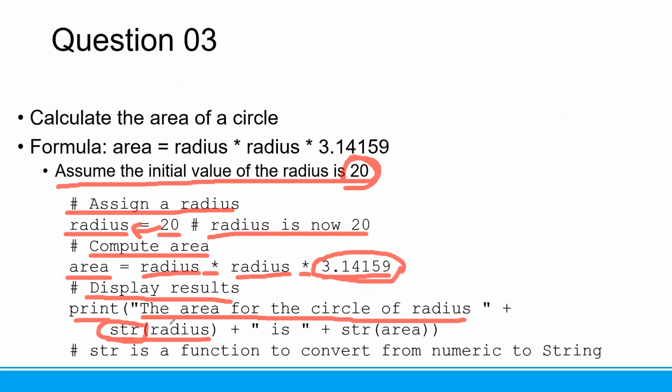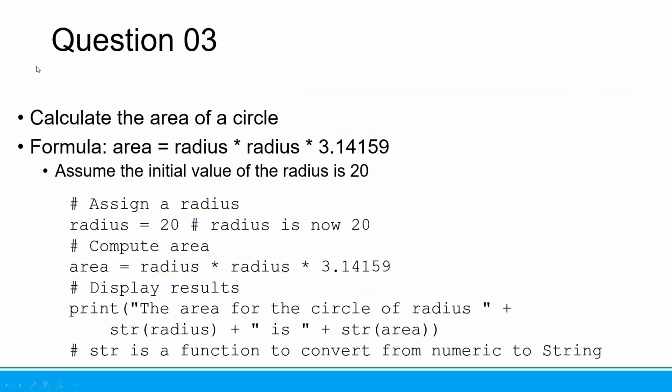We know that the radius is in the form of an integer. We want to change it to a string using the word str, and it will be shown in string format, also for the variable area. Let's see.